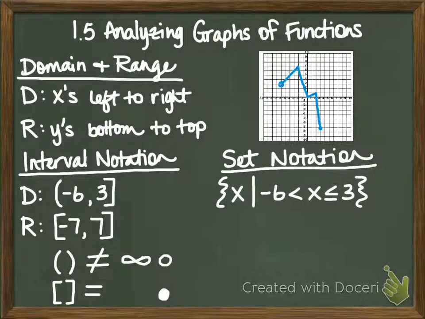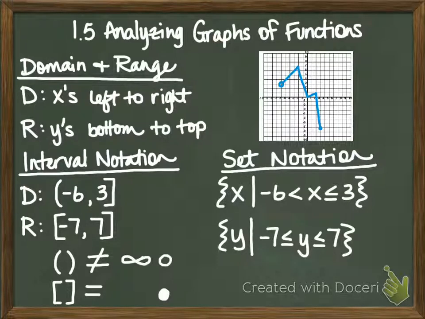It doesn't equal -6, but it does equal 3. Same thing for the y's. We would read it: y such that -7 is less than or equal to y is less than or equal to 7. So the y's are between -7 and +7, and they are equal to both of those values.